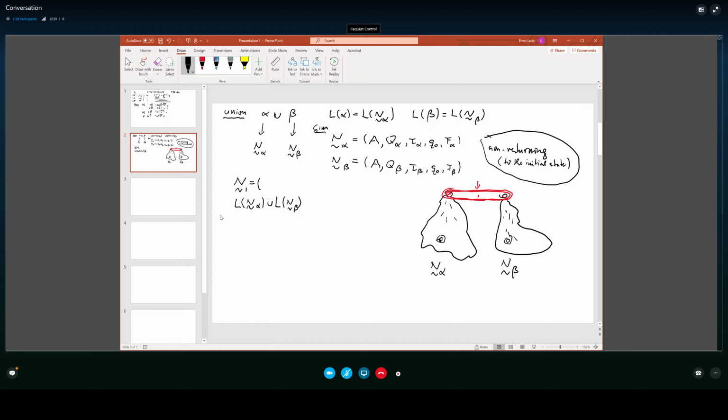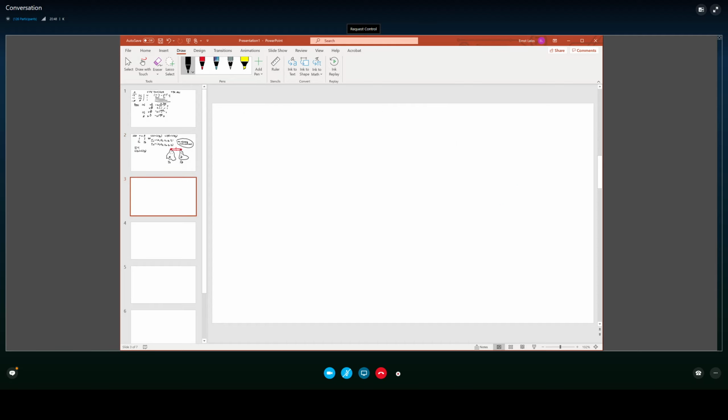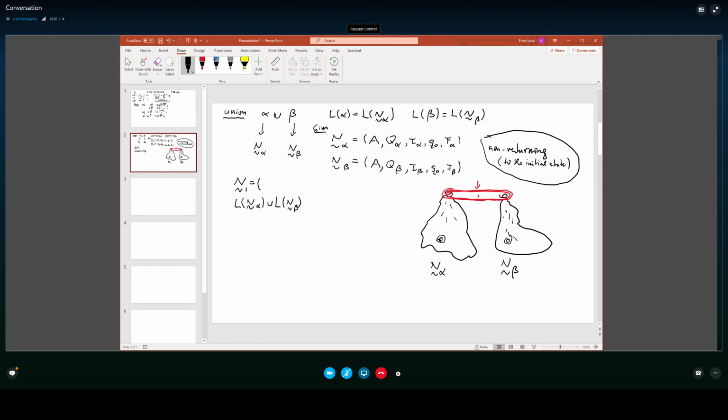And the properties are relatively mild. They have to be non-returning. And the only other thing is that Q sub alpha and Q sub beta have as little in common as possible.